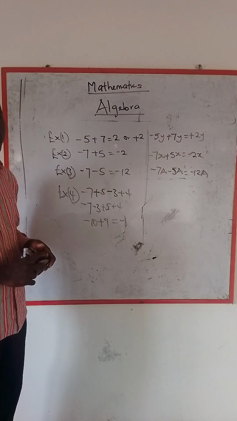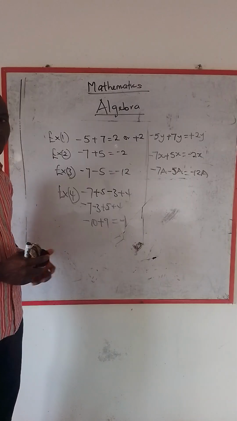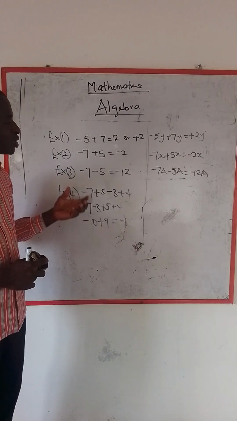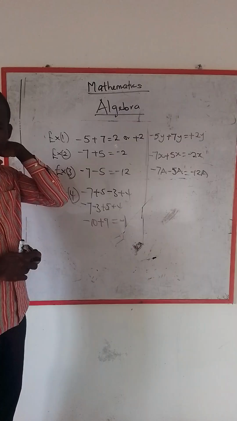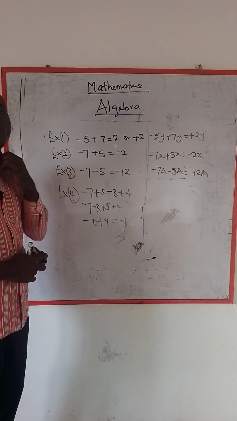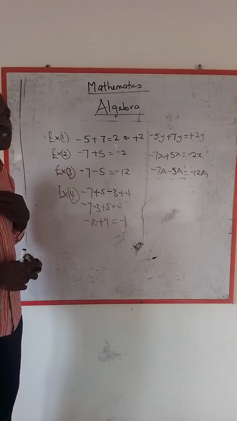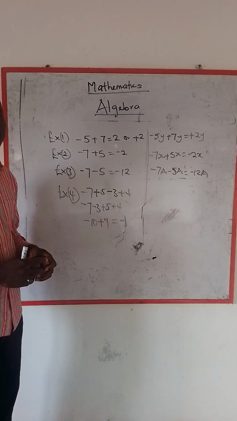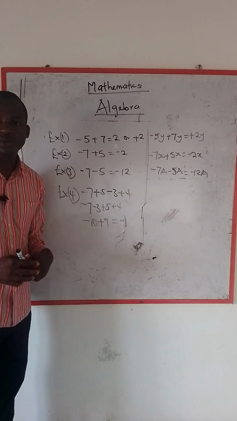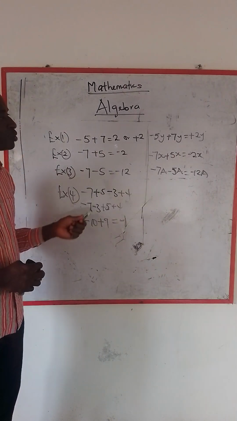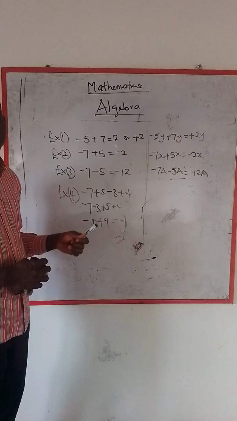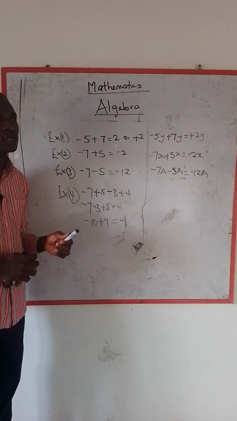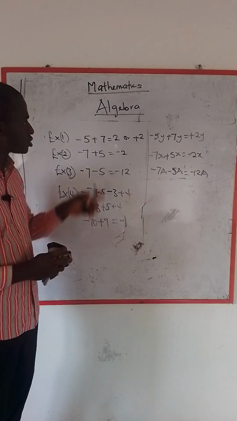I think you now have a best platform to make sure you understand it very well, so that whenever you are calculating or your teacher is teaching you in class, you get a perfect knowledge of what is happening there. In our next video, I will include multiplication and division, still on algebra.